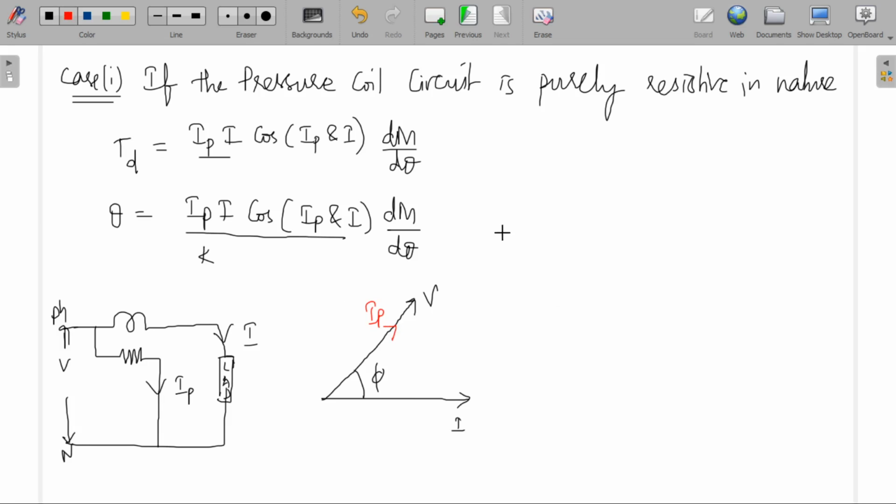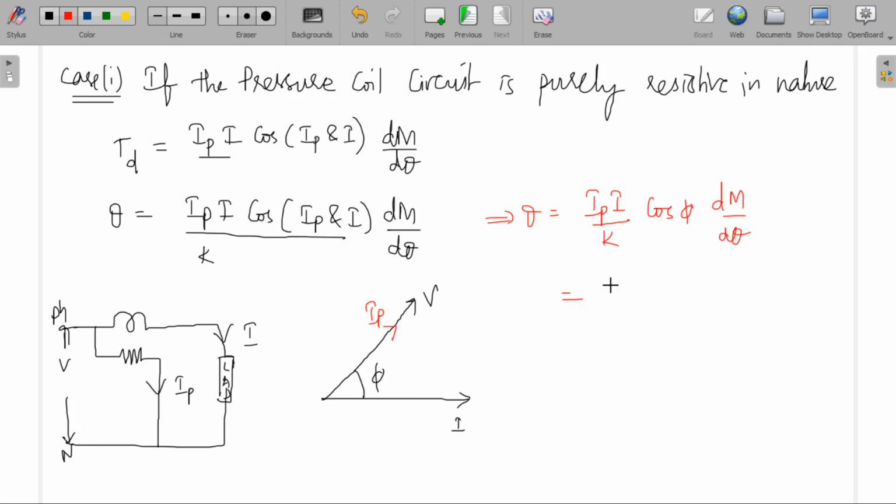If it is purely resistive in nature, then this will be IP. Now you can have deflection theta equal to IP I by K cos of the angle between IP and I, right? What is the angle between IP and I? Phi, so cos phi, dM by d theta.